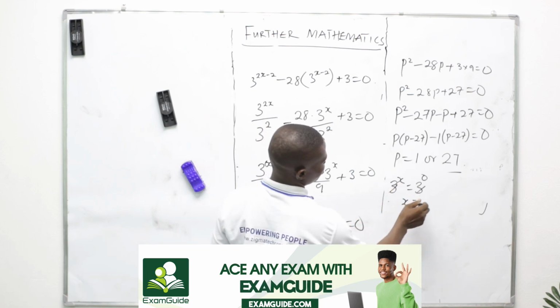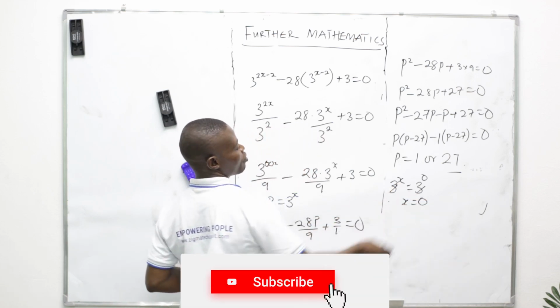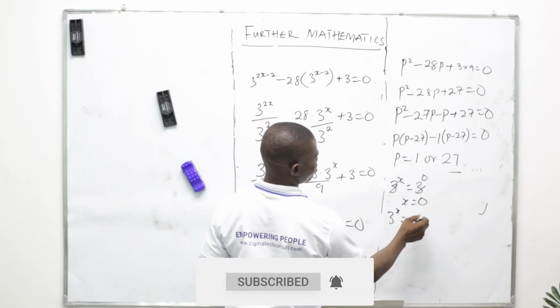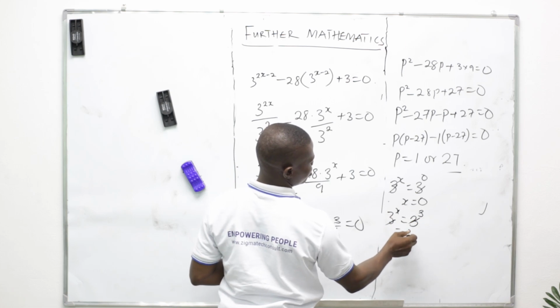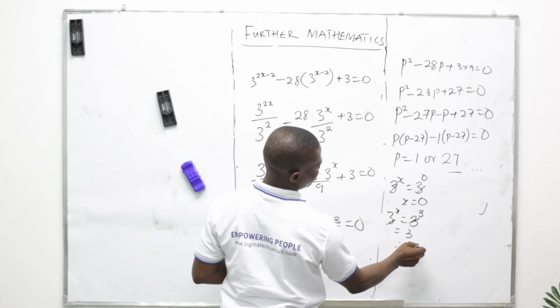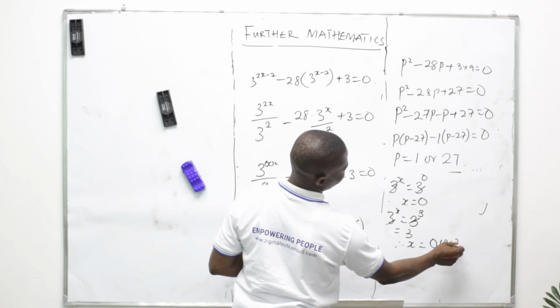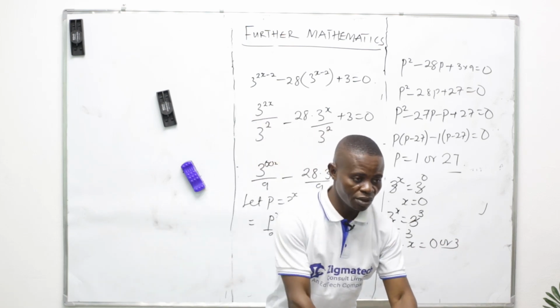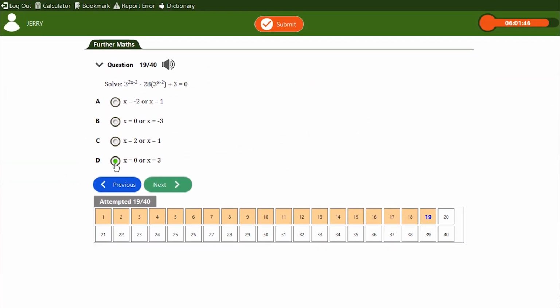Therefore, x is 0 at this point. From the other end, 3 power x equals 27, meaning 3 power 3. x is 3. Therefore, x is 0 or 3. Our answer is Option D.